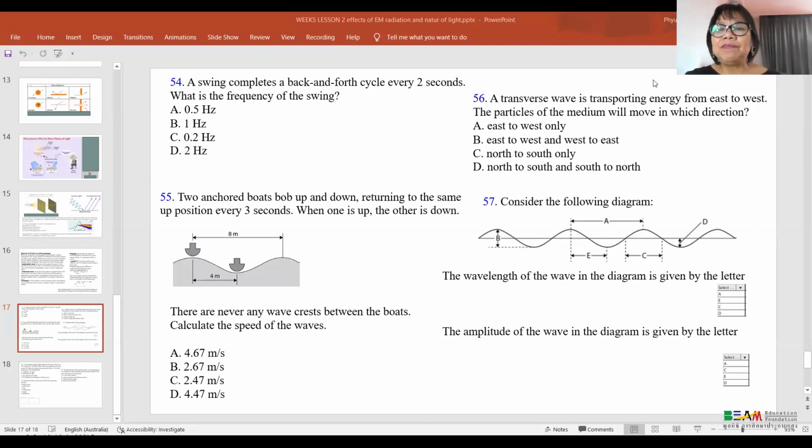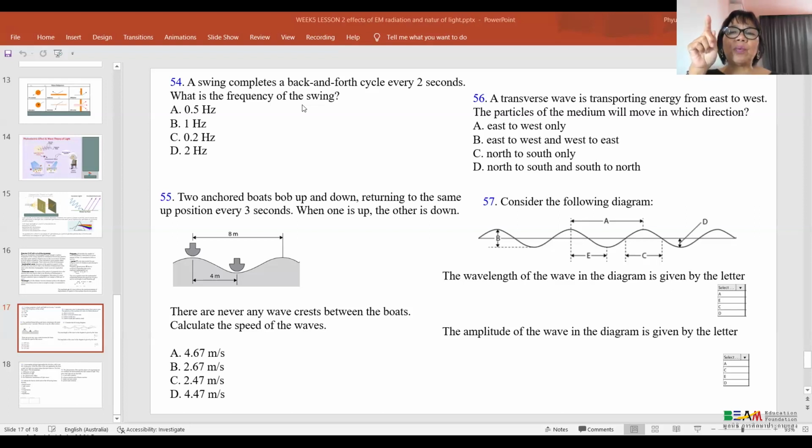What about question 56? Anyone got the answer? A, B, C, D. We're talking about the transverse wave, okay?